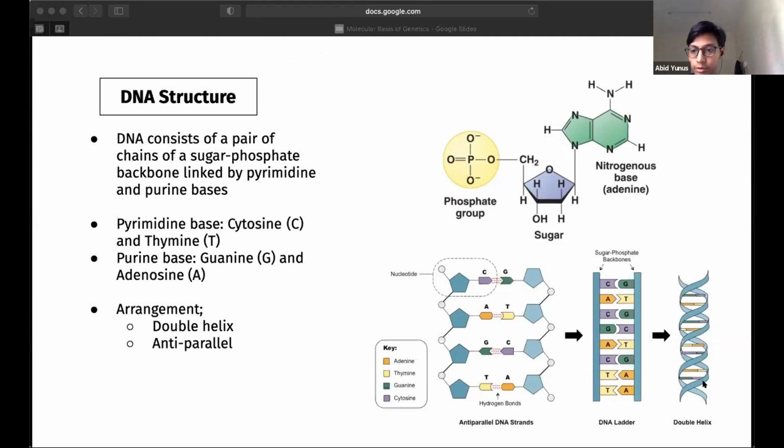So there will be two sugar phosphate backbones coiled along each other, and the direction of the sugar phosphate backbones is anti-parallel. One will be in the direction of 5' to 3', and the other will be in the direction of 3' to 5'. The 5' end is the one with the phosphate group, and the 3' end is the unbonded hydroxyl group of the sugar.